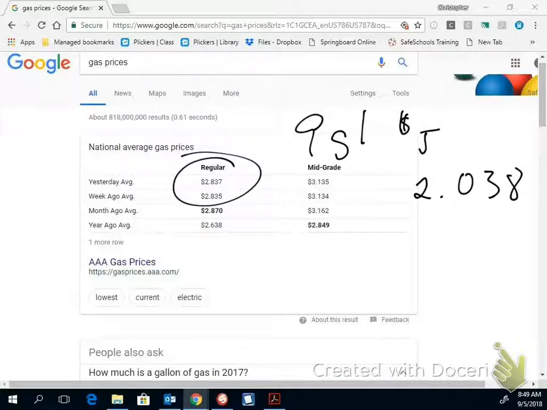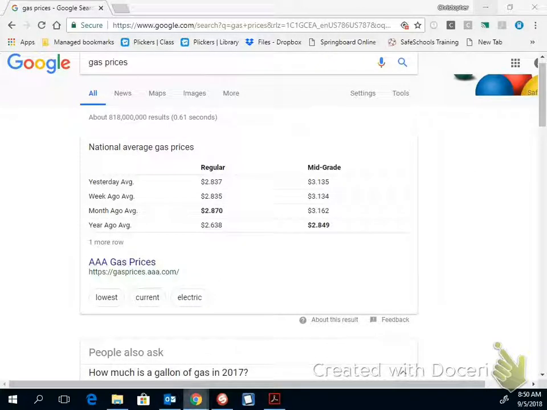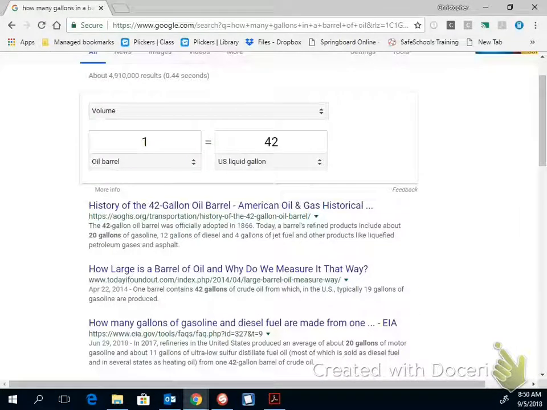Sir? So what's the difference between diesel and regular gas? It's how it's refined. So how the oil itself, that 42 gallons, how that's kind of put together. Pieces of it are gasoline, and that's regular unleaded.